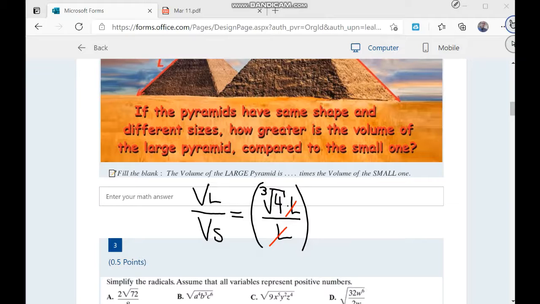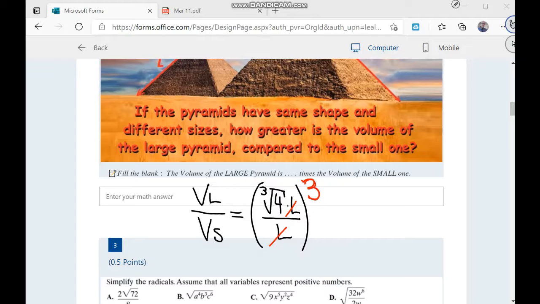To find the ratio between the volumes, what do you have to do with this ratio here? We are talking about volumes, we are talking about 3D, right? Three-dimensional figures. So we're going to use the power of 3, okay?